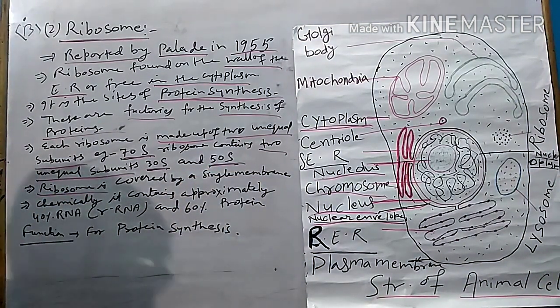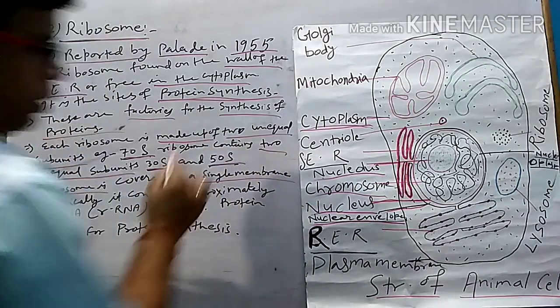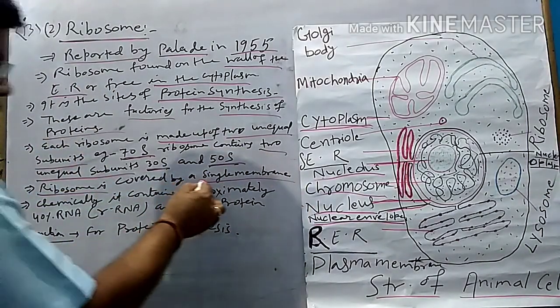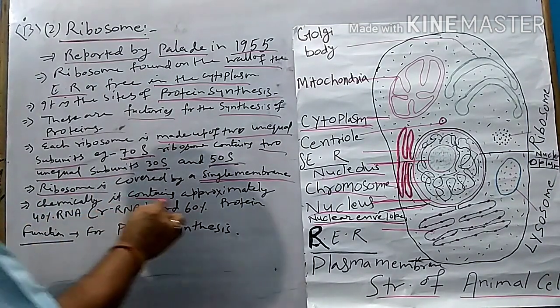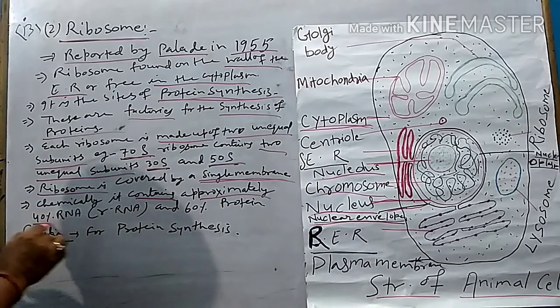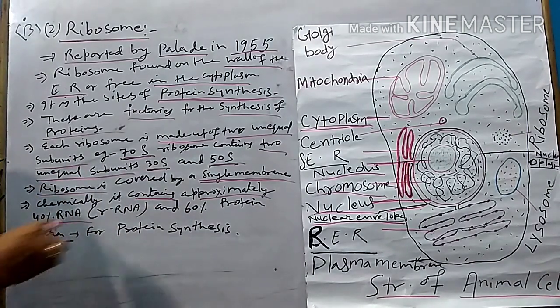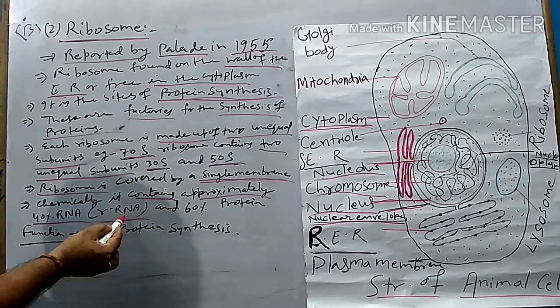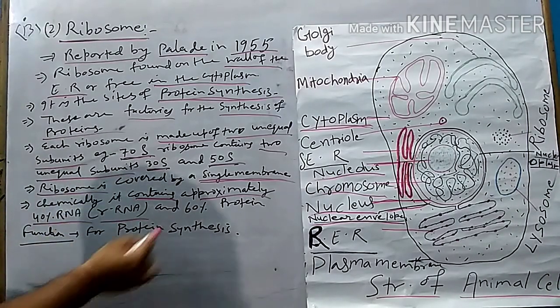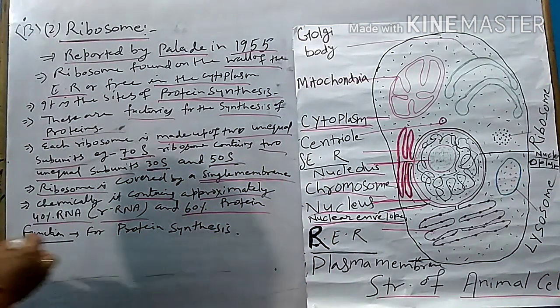Ribosome is covered by a single membranous structure, and chemically it contains approximately 40% RNA, especially rRNA, where r means ribosomal RNA, and 60% protein.